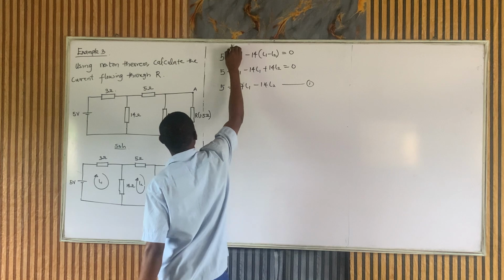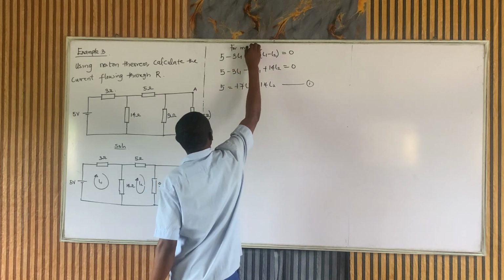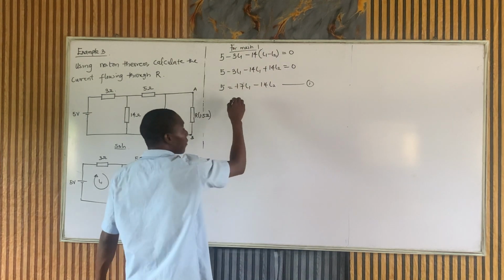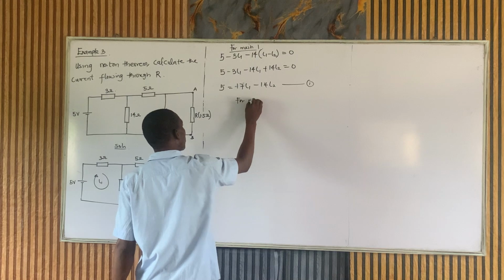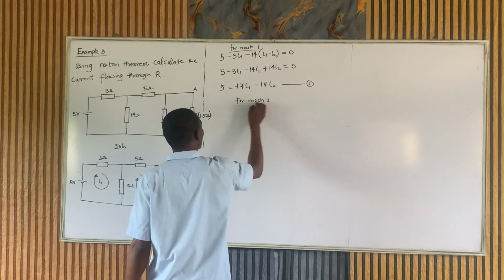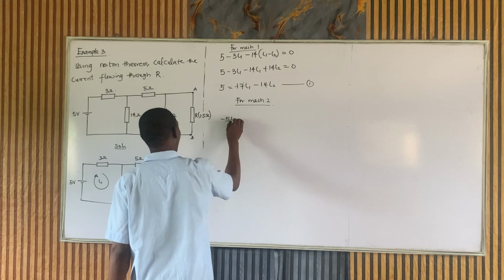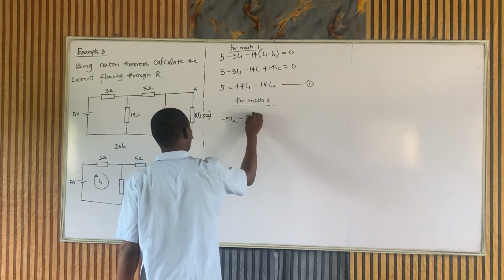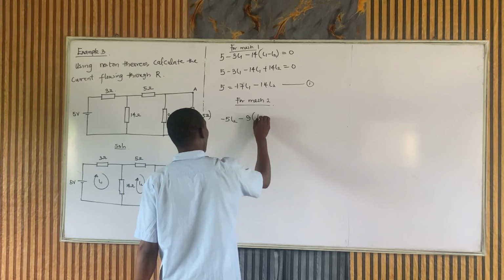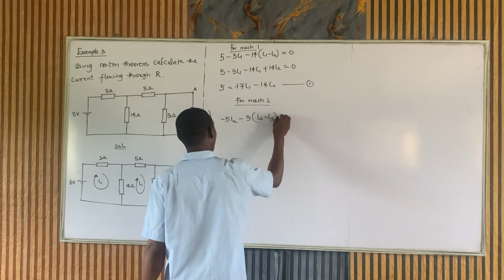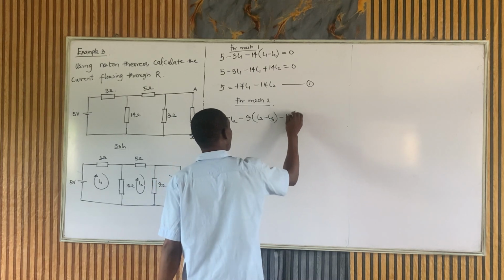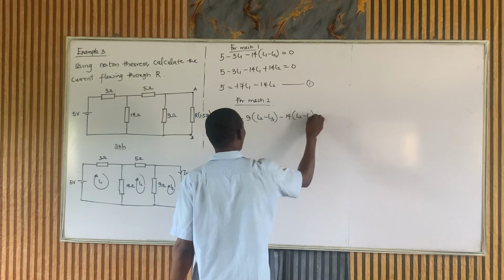That's for mesh 1 though. Now, for mesh 2, it's going to be minus 5I2 minus 9 into I2 minus I3 minus 14 into I2 minus I1 equals 0.